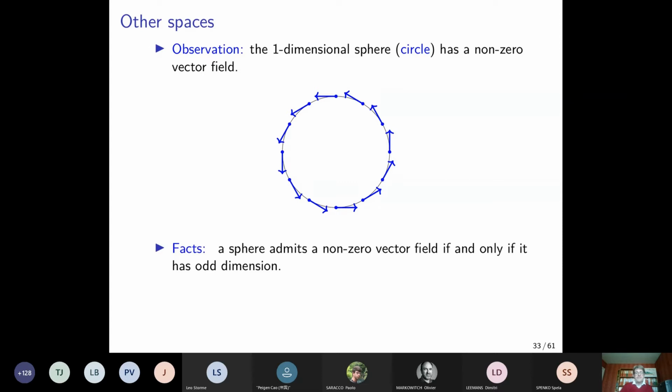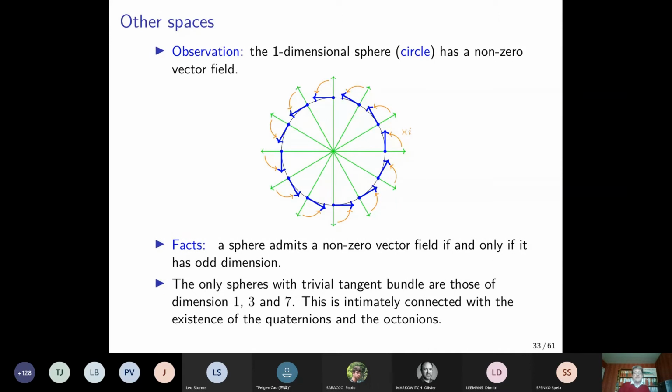A sphere of arbitrary dimension admits a non-zero vector field if and only if it has odd dimension. And this is consistent with what we saw so far. A circle is one-dimensional, hence odd, and it has a non-zero vector field. A two-dimensional sphere is even-dimensional, and it doesn't have any.